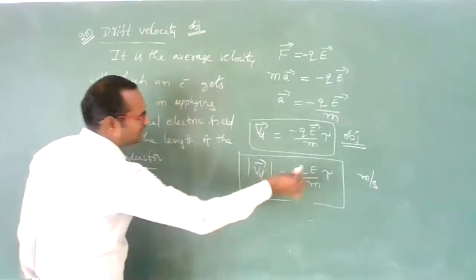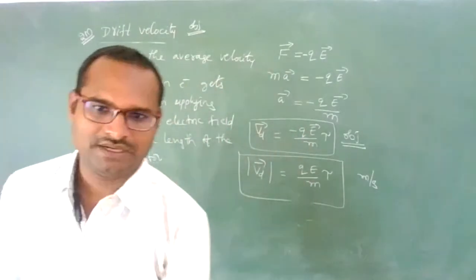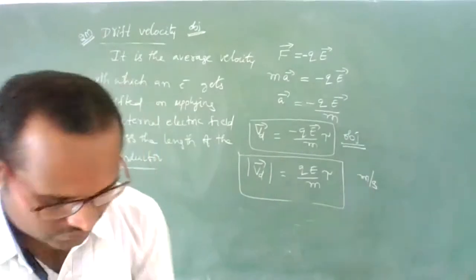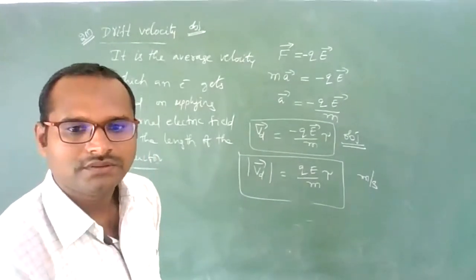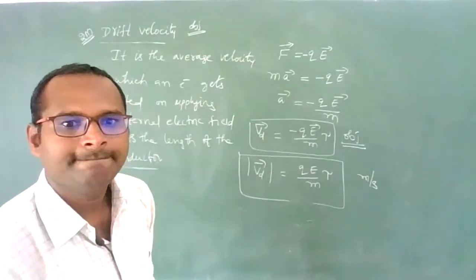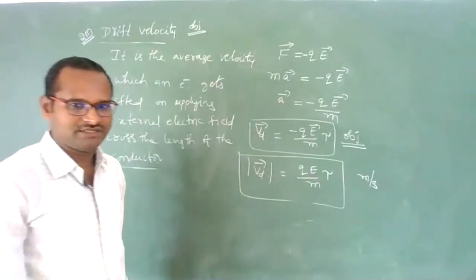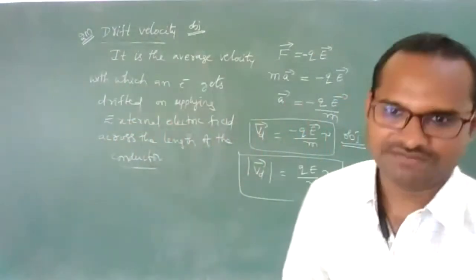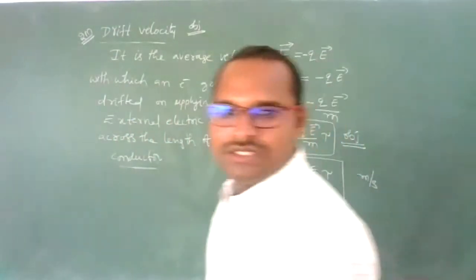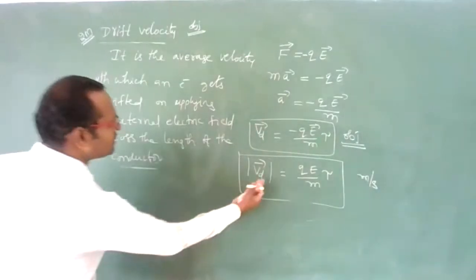And the formula for that is very important. You must remember that formula. Okay, students? Drift velocity formula is very important. You must remember. Students, you may get some objective questions on this.